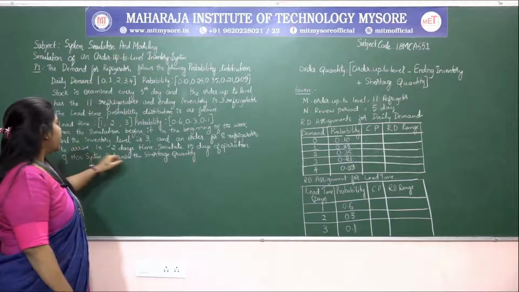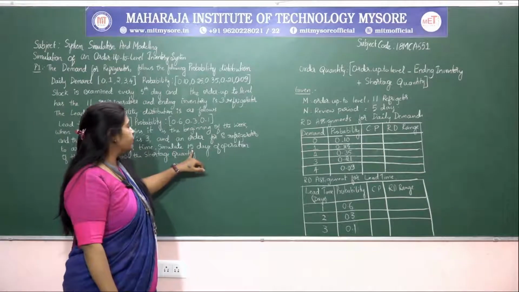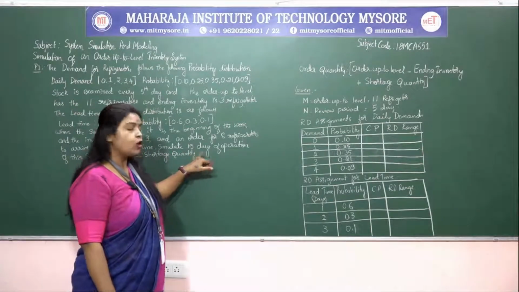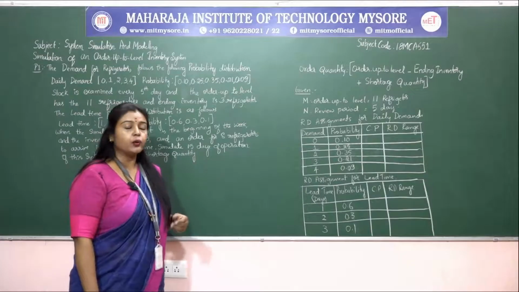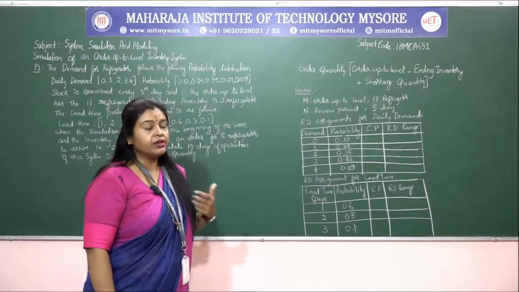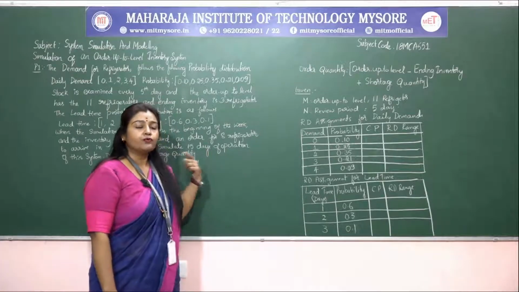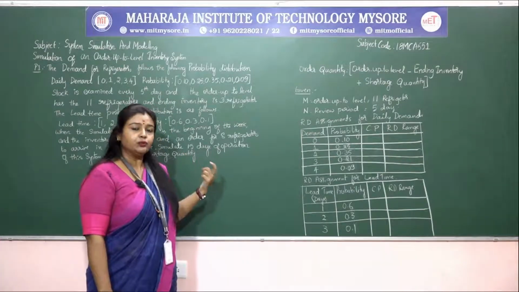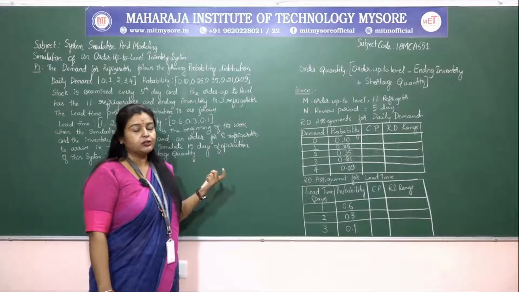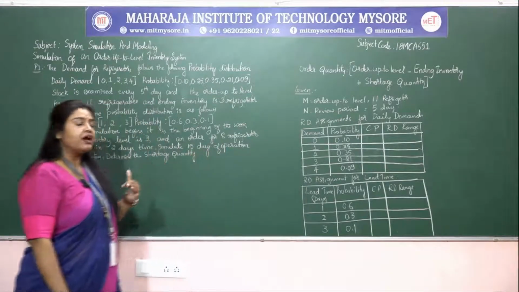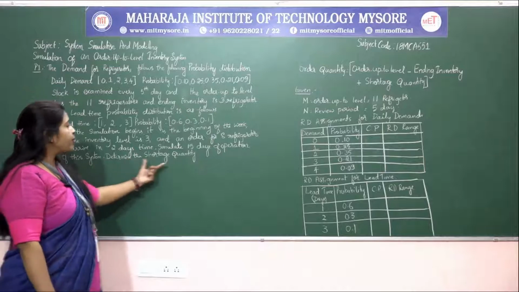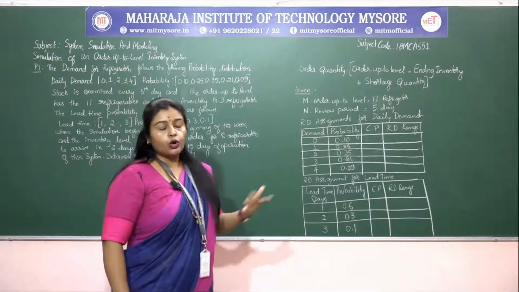What they have asked is that we need to simulate 15 days of operation. Every 5th day we are going to review it, but here they have given 15 days for the simulation. We need to determine the shortage quantity. Why?